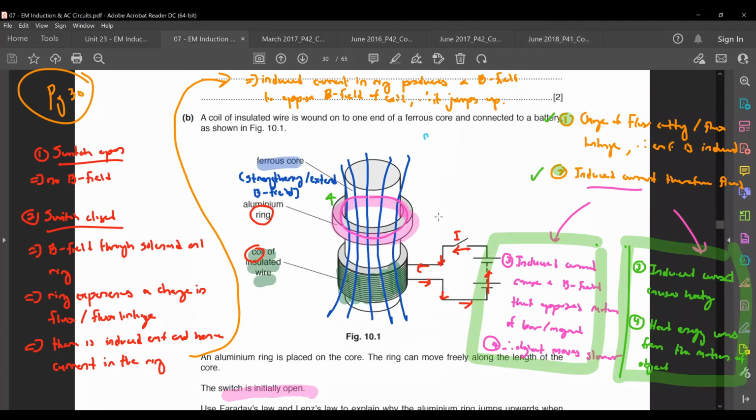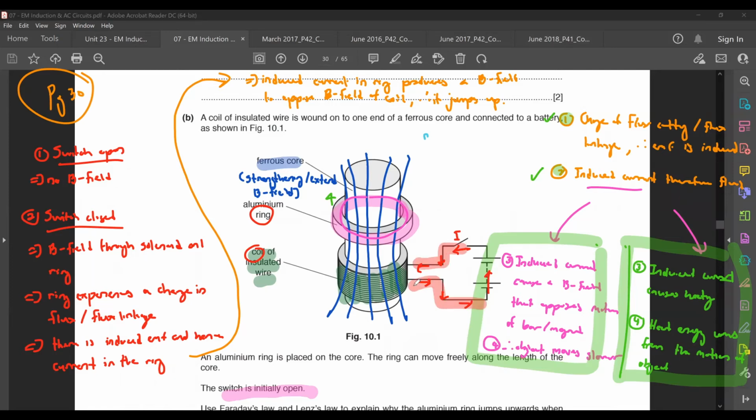Now let's say, for example, we look at this in detail first before I go to the answer. When your current first flows in the direction of the arrow that I drew here, your solenoid will produce its own magnetic field. That one we know. So when your solenoid has its own magnetic field, it will have a polarity there. One end will be north, one end will be south.